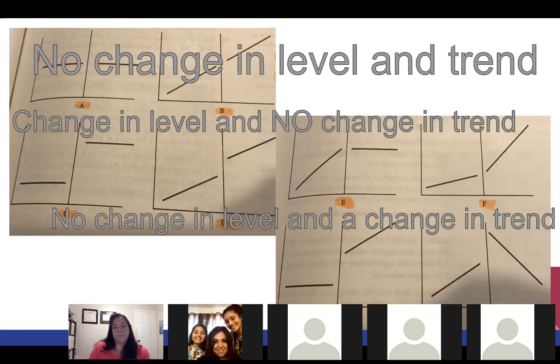So you put the pencil on the baseline, and then you do it on the treatment. Is it the same on both? Is the direction of the pencil changing? Yeah, so that's how to find out the trend.